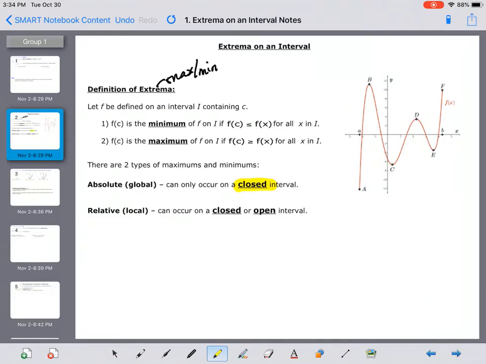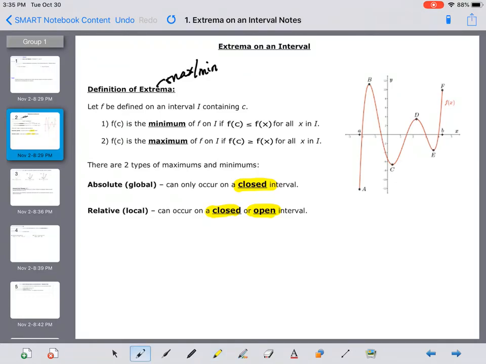Relatives are the max and mins that you're used to studying, that you studied in Algebra 2 and pre-cal when you talked about max and mins of any type of polynomial function. Those can occur on a closed or an open interval. What we mean by closed and open interval: an open interval is usually a function that goes from negative infinity to positive infinity, where a closed interval is a function that has a definite start and a definite stop.